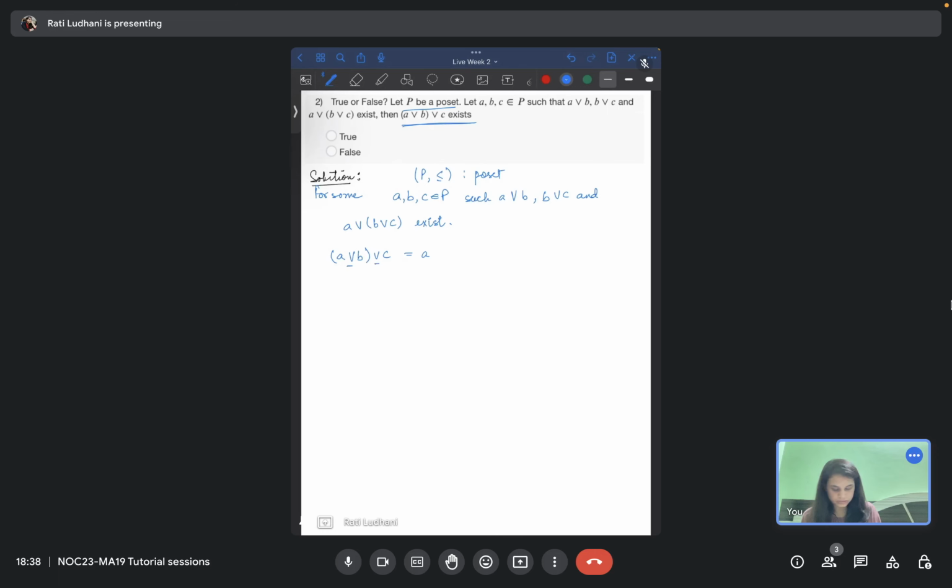How will you write it? Join means least element of the set. Join is like union and meet is like intersection. Least means least from the upside.